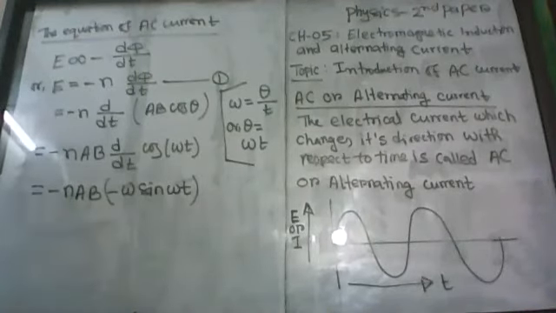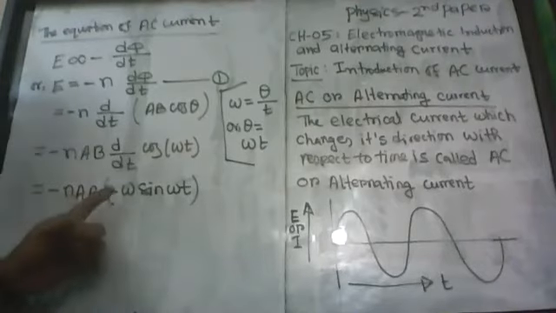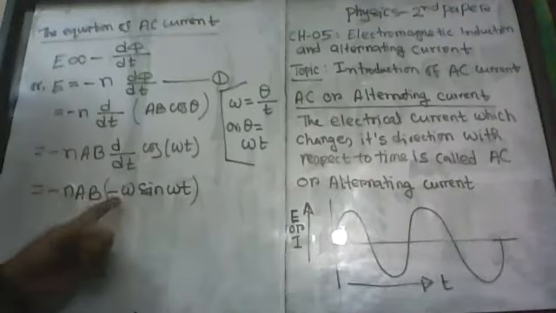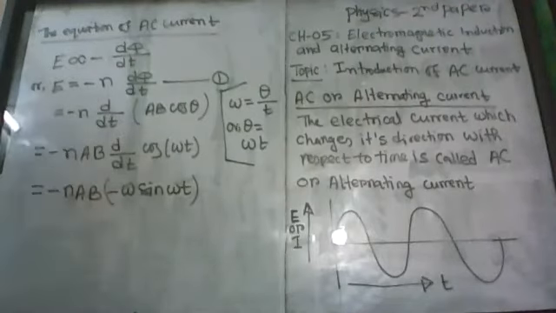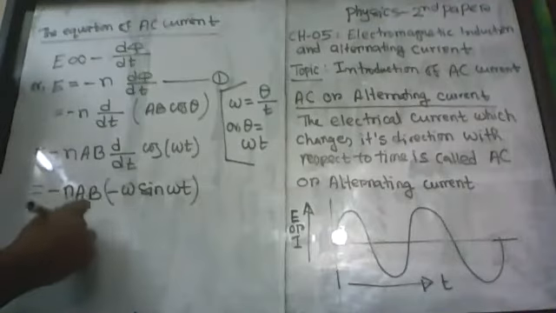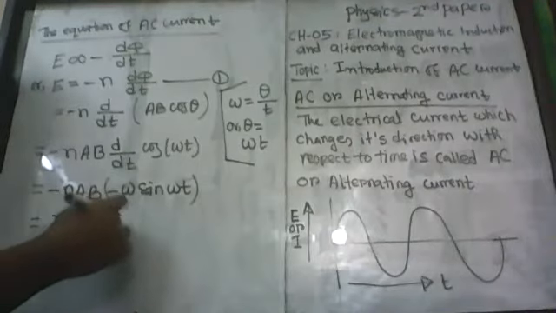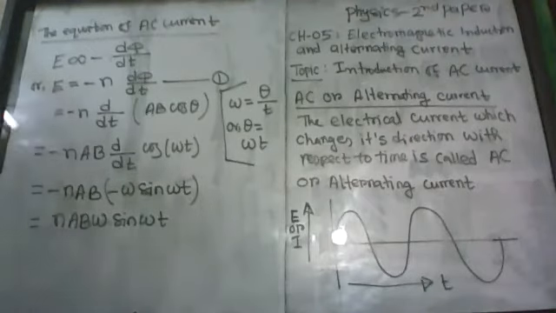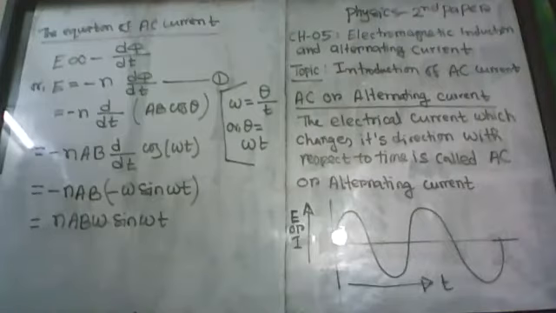Now you see, this negative and negative sign will cancel out, giving you a positive sign. Then I can say here n a b omega sine omega t.